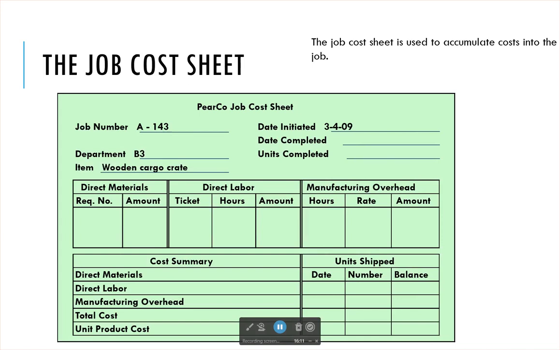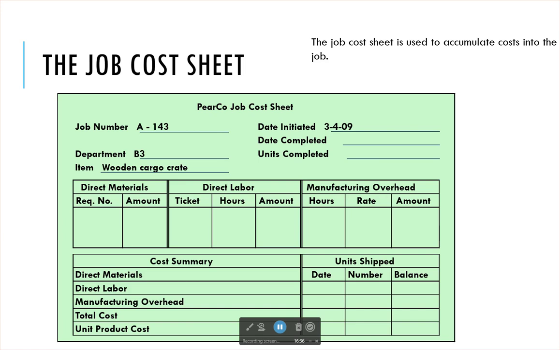A job order cost sheet then is prepared, and this is done electronically now. It's prepared for most businesses electronically. They will have a computer system that will track which mechanics are working on it. It will track your direct labor for your particular job.